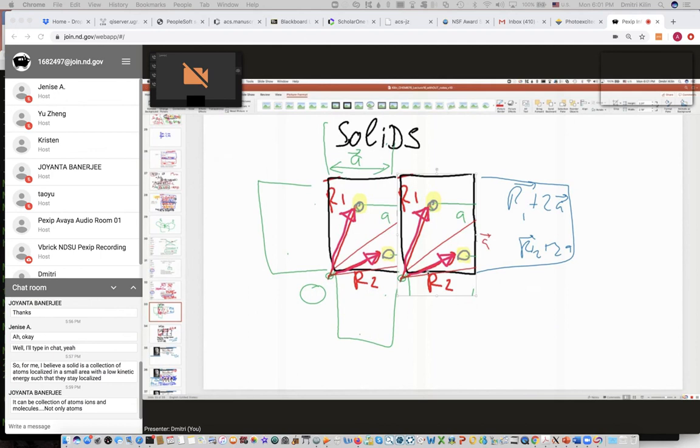Then one may define the size of the box.